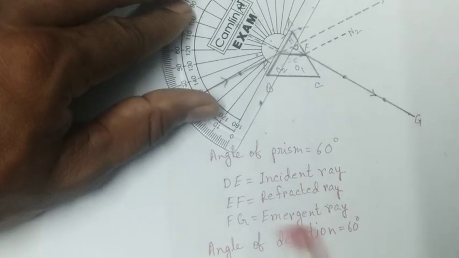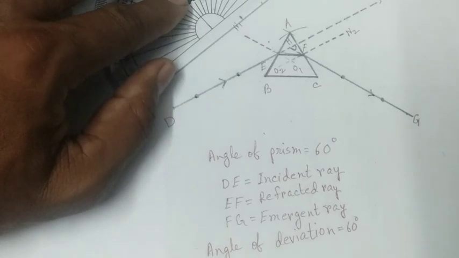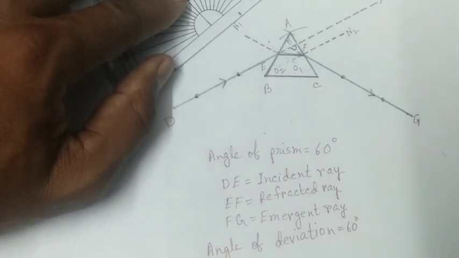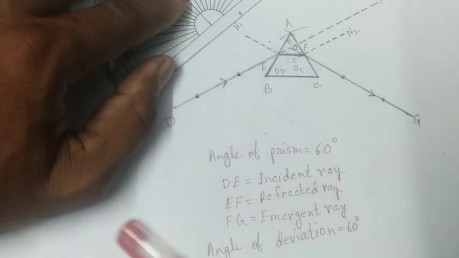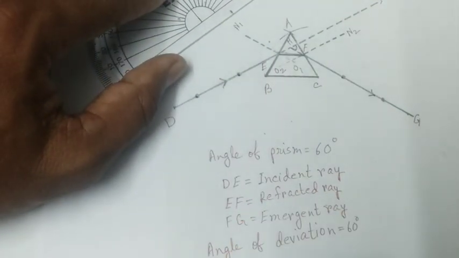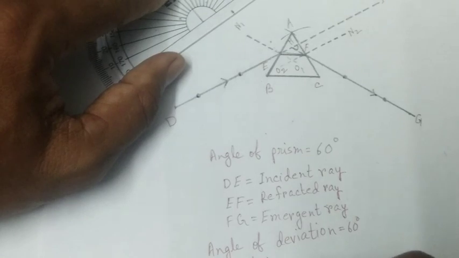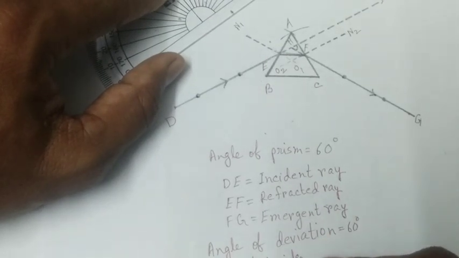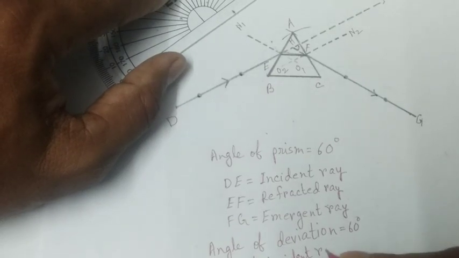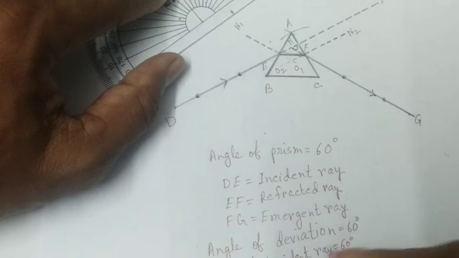Angle of incident ray is equal to 60 degree, right?